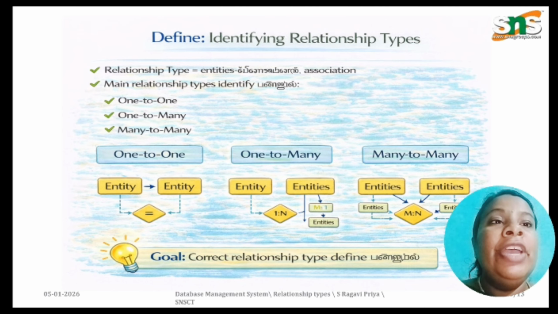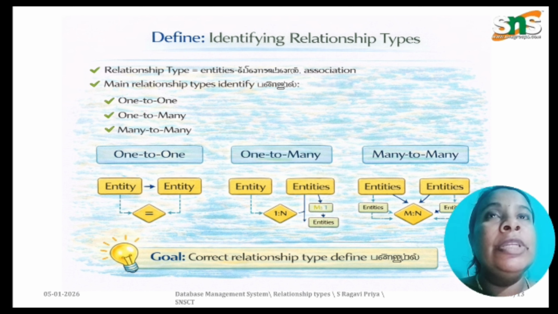So identifying relationship types. We have mainly three types of relationship. It helps us find the association between different kinds of entities. So first one is one-to-one. In this relationship, there will be one entity which depends on another entity.